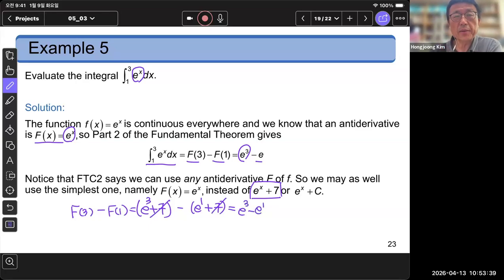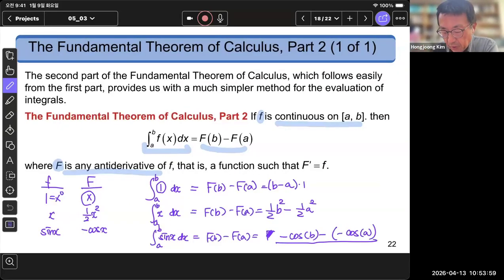So the answer is the same. So you may consider any antiderivative, and this second part of the fundamental theorem of calculus will be very useful. As I said, this definite integral depends on the values of these antiderivatives at these two endpoints. F of b and F of a will determine the definite integral of f.